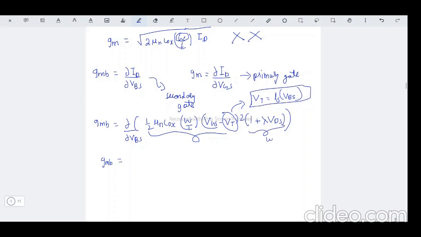So half mu n Cox W by L into 1 plus lambda VDS, into, since VT is changing with respect to VBS, I have to differentiate this VT. After doing the differentiation, it is 2 into VGS minus VT into minus dVT by dVBS. So 2 and 2 I can cancel.